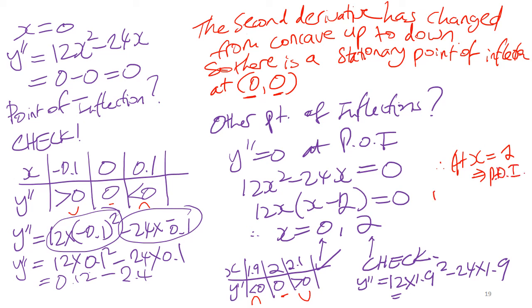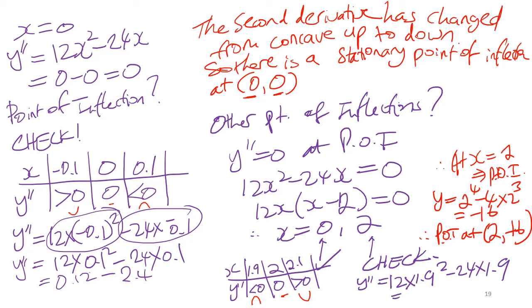We also need to find the y coordinate of that point. We sub x equals 2 into the original equation, which is 2 to the power 4, take away 4 times 2 to the power 3, and you should get negative 16. So the point of inflection is at (2, -16).